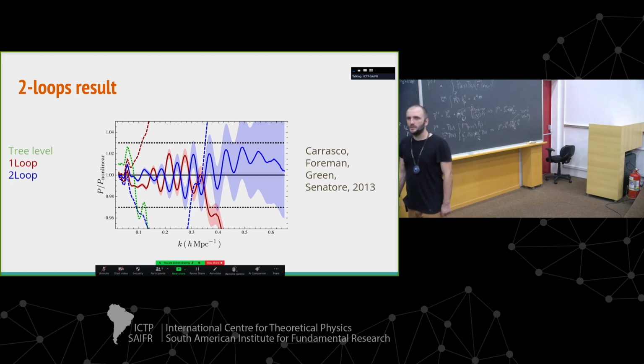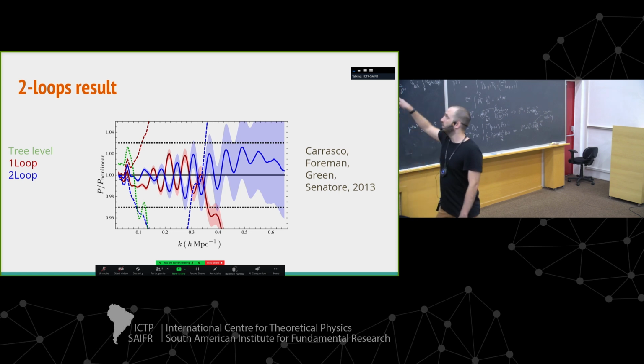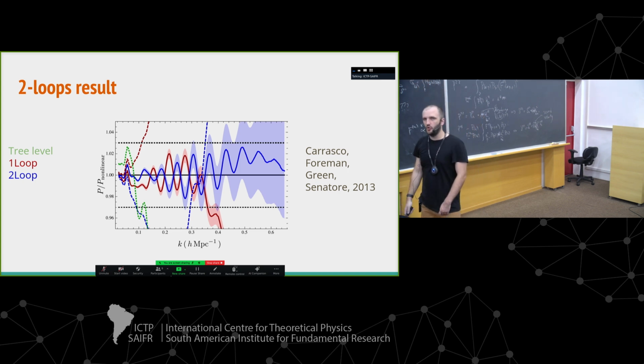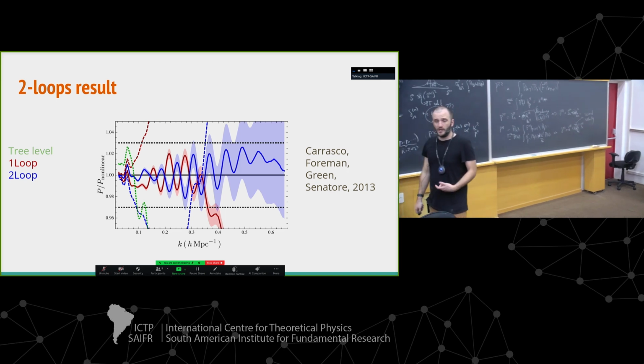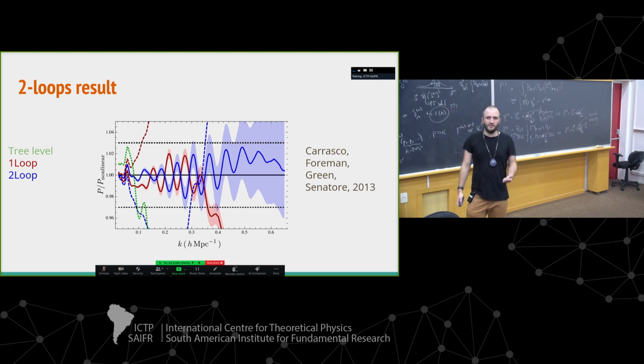Yeah, so this is what happens here in the blue one. It comes with some extra parameters. And something we pointed out when you go to three loops is that the fact that three loop reproduces the correct result doesn't mean it's not overfitting. The power spectrum has a very simple shape. It goes up, has some wiggles, and goes down, right? So the fact that you have many free parameters allows you, of course, to fit this function pretty well. But the fact that you can fit this function pretty well doesn't mean you're getting the correct prescription.